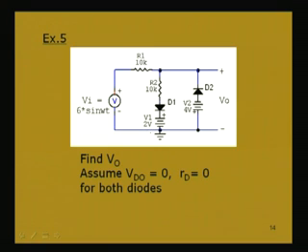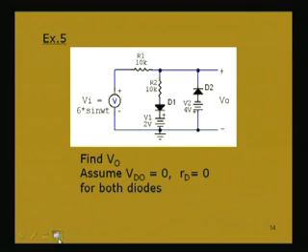So, when will it be conducting? From 0 to 2 volt input voltage, that means when Vi is less than 2 volt, the diode D1 cannot conduct, and in the positive half cycle when Vi is less than 2 volt, there is no possibility that diode D2 will conduct because it is already reverse biased.